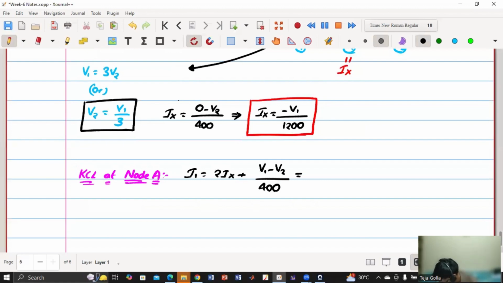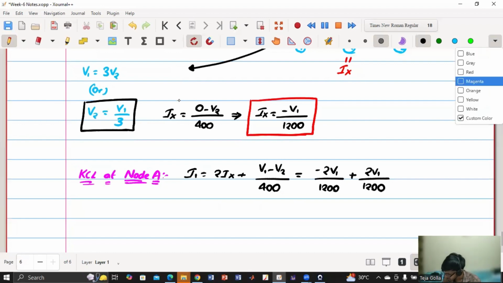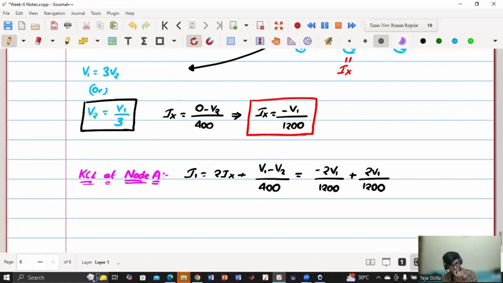So now I'll substitute all the values. 2Ix is nothing but 2 V1 by 1200, and V1 minus V2 is nothing but 2 V1 by 3, which is 2 V1 by 1200. Agree? Yeah. So now these two will get cancelled. I will get I1 equal to 0.